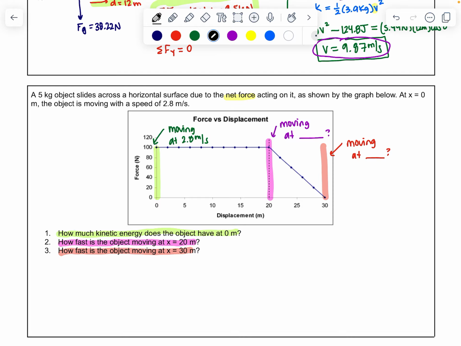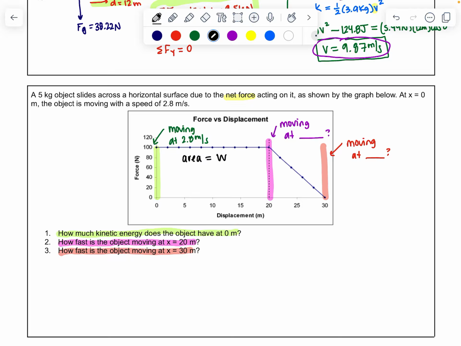But this is a graph of force versus displacement. And similar to graphs of velocity versus time that we saw before, remember that the area of this graph is a very useful piece of information because the area of a force versus displacement graph gives you the work that is done.